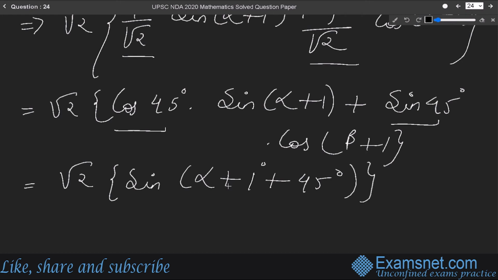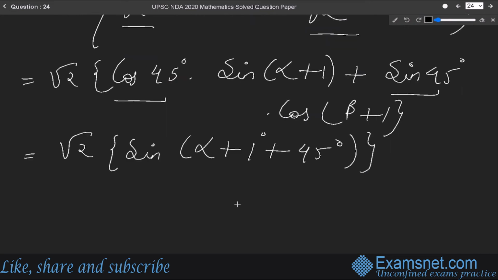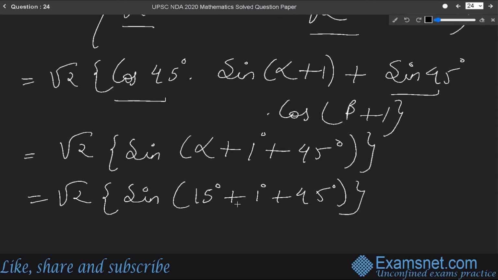Now, further solving, putting the value of alpha here, it will be root 2 sine 15 plus 1 plus 45, which will be equal to root 2 sine 61. Now let this be equation number 1.